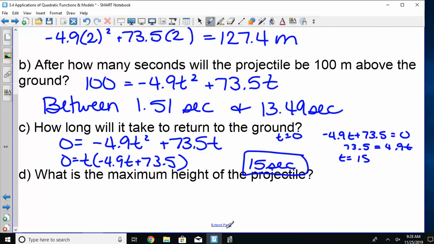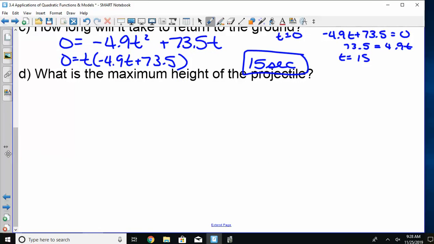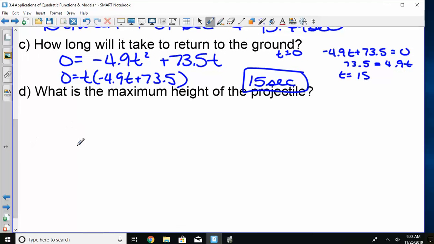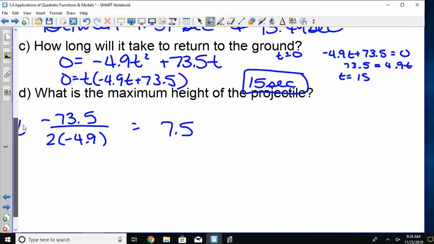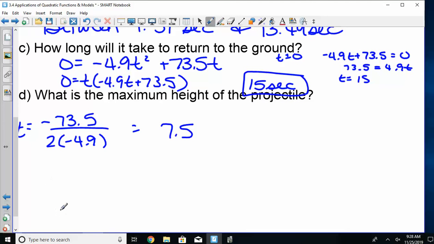Last question, maximum height. If I ask you about a maximum or minimum, what am I asking you for? Vertex, opposite of B over 2A. My B was 73.5. A is negative 4.9. If I plug that in, I get 7.5. Is that the height? No, that's like our x, or in this case, that's our time. It takes 7.5 seconds.